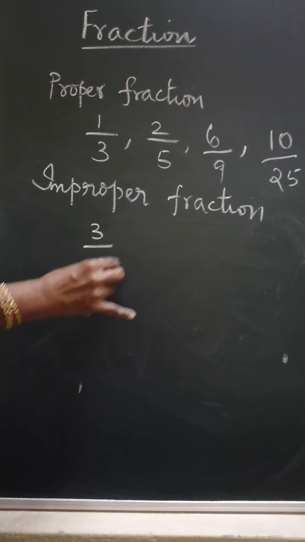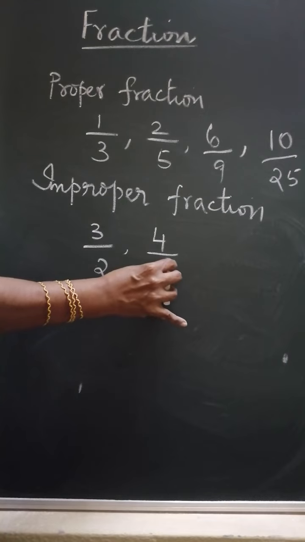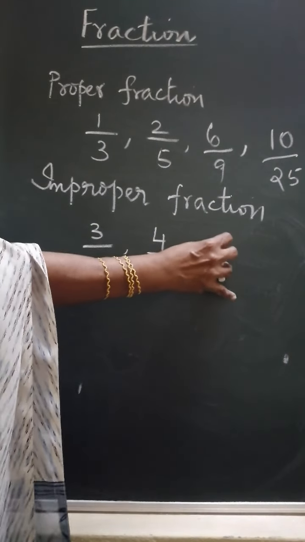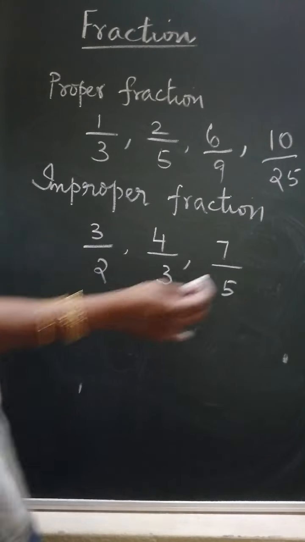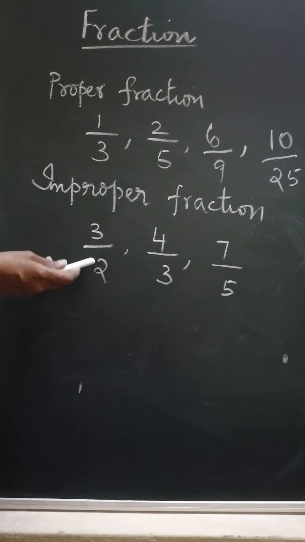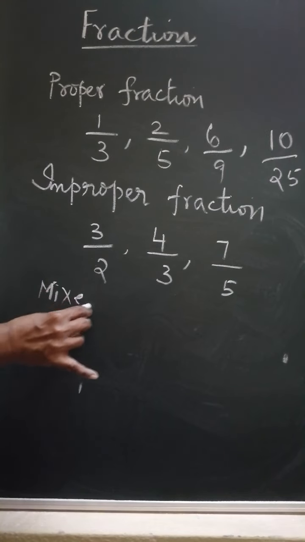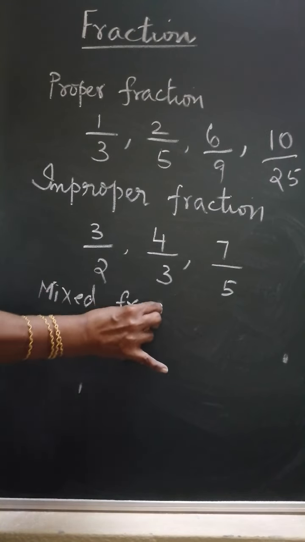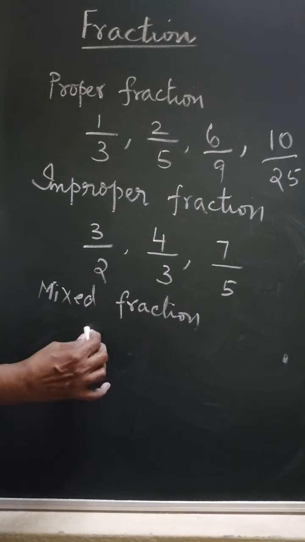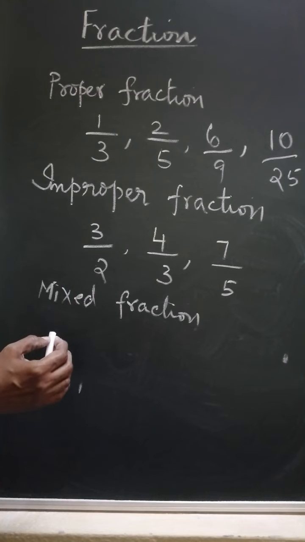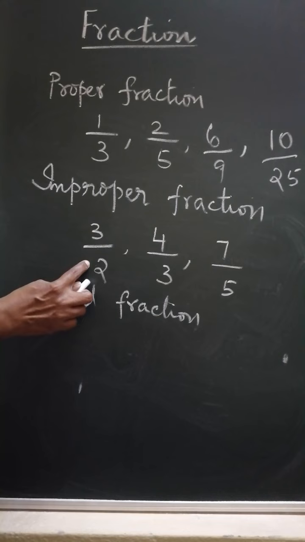That is 3 by 2, 4 by 3, 7 by 5. This is an improper fraction. Next one is mixed fraction. That means there is a whole number part and a fractional part. Now see 3 by 2.